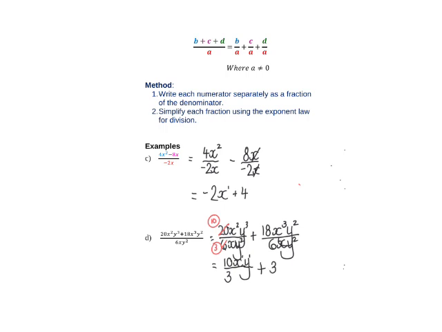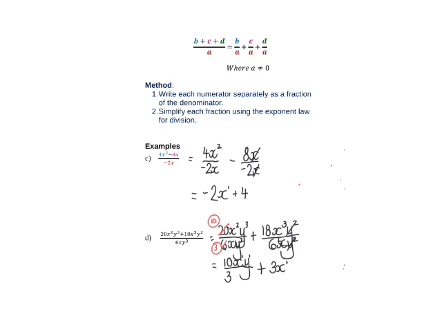So it's 10 thirds of xy plus 18 divided by 6 is a whole number 3, and then x to the power of 3 minus 1 is x to the power of 1, and y to the power of 2 has the same denominator, y to the power of 2. So they basically eliminate, or 2 minus 2 is 0, which is anything to the power of 0 is 1, and all of this times 1 remains the same.